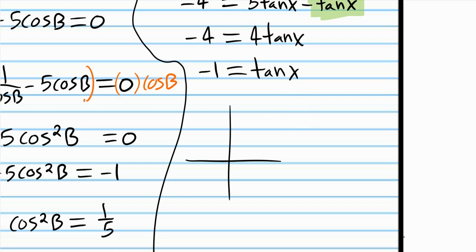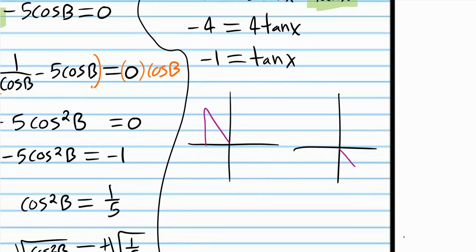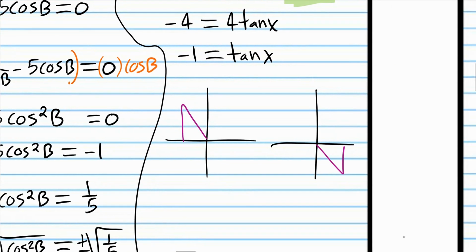And because it's negative, it must be in the second quadrant and also the fourth quadrant, because the tangent is the blue opposite over the yellow adjacent.